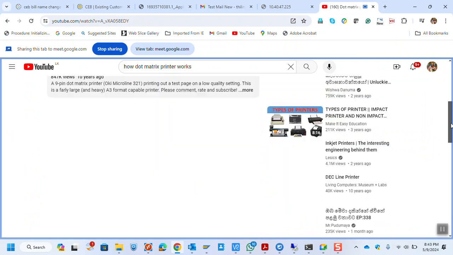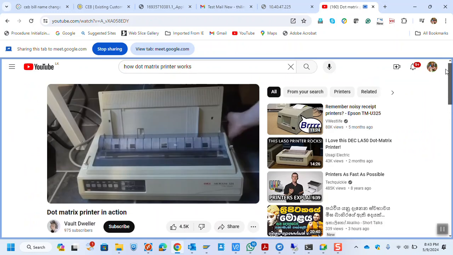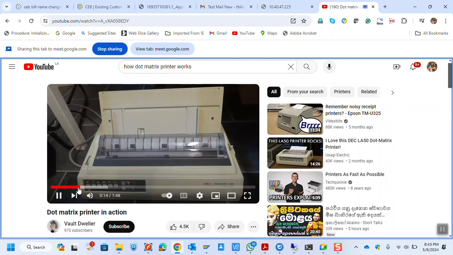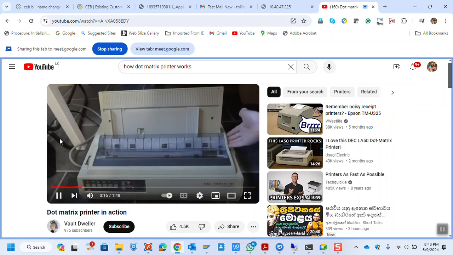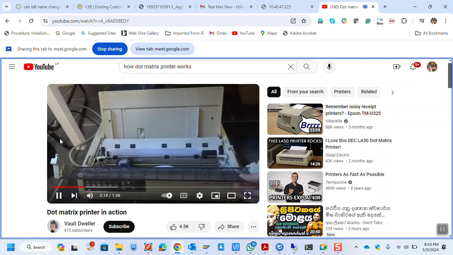So this is a type of dot matrix printer. See, it's very noisy. Can you all hear that noise?